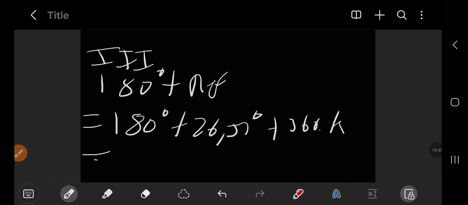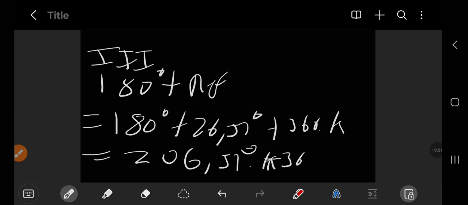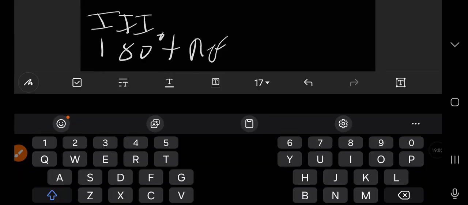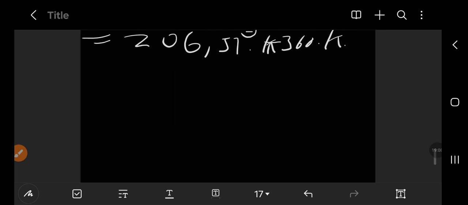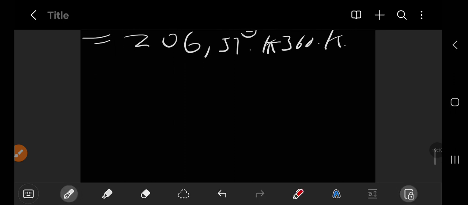So 180 plus 26.57 gives you 206.57 degrees, plus 360 degrees times k, where k is an element of integers.